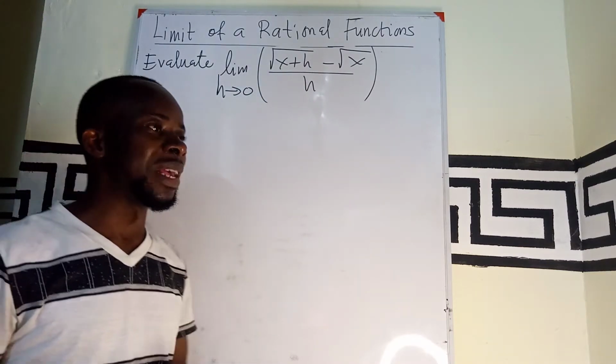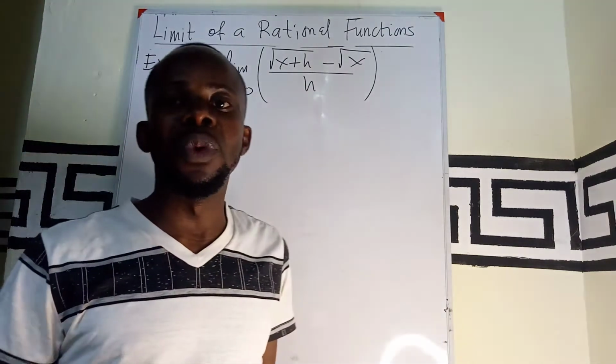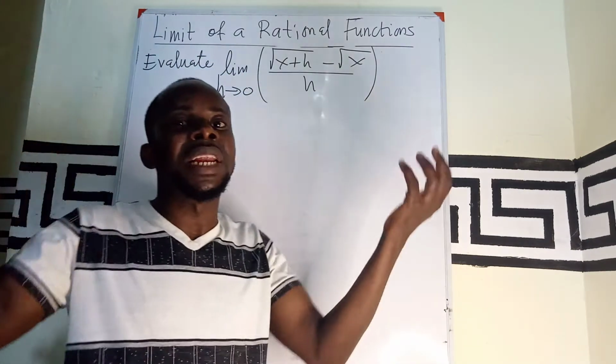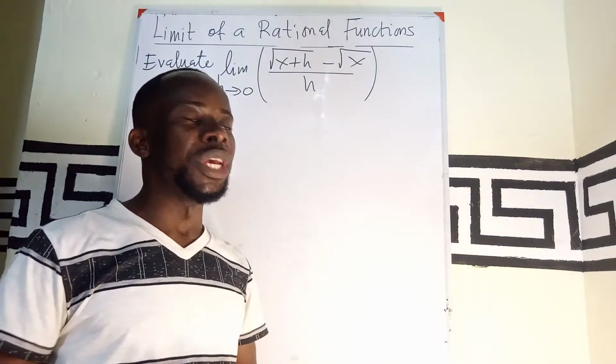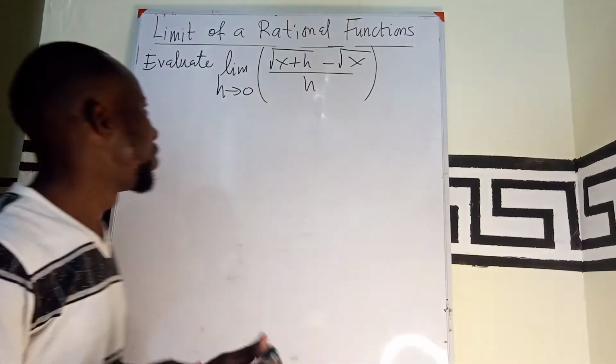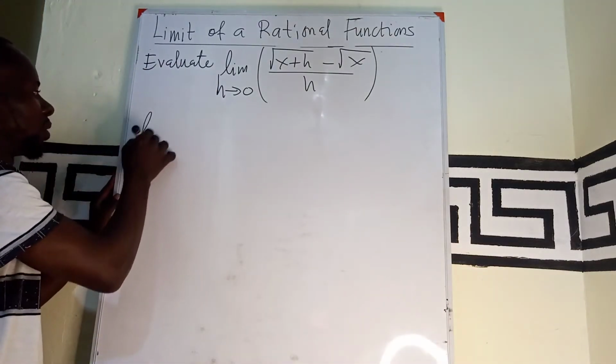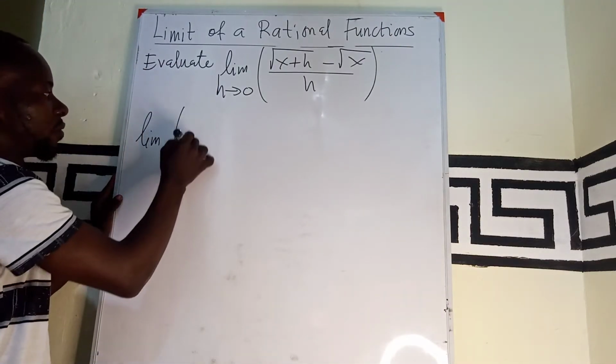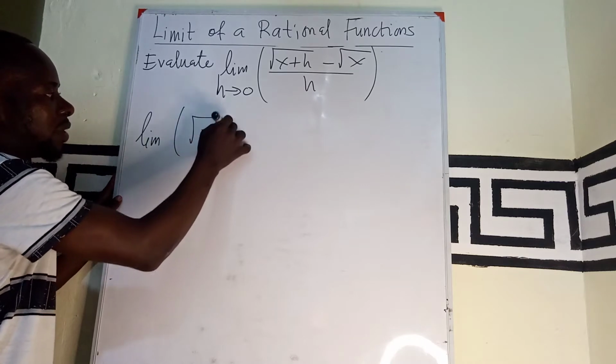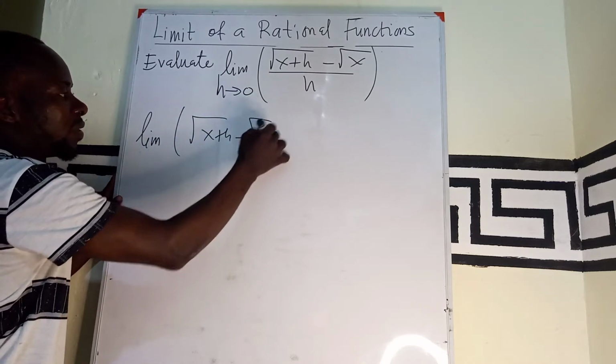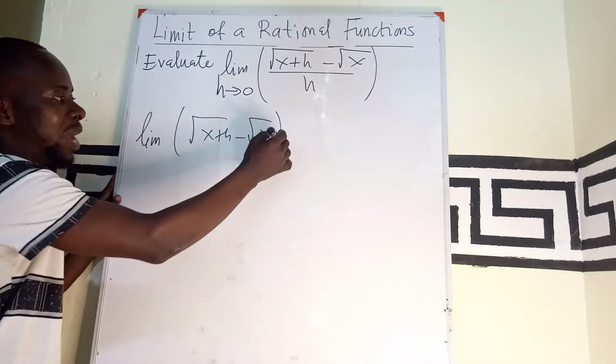The conjugate pair is just what? Numbers that, when we multiply, we get rational numbers rather than irrational numbers. So this is going to be the limit of the root of x plus h minus the root of x.